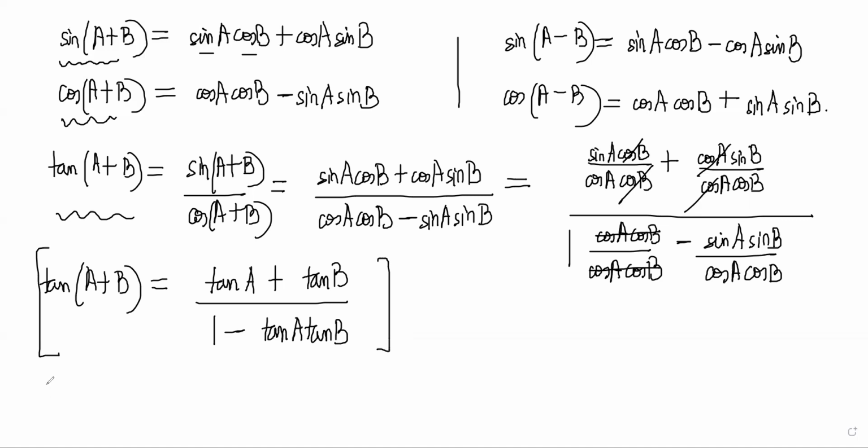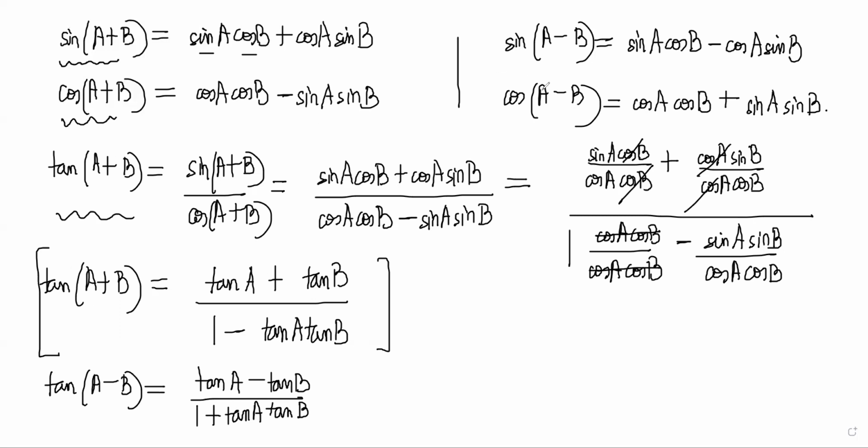Similarly, in this formula, now you can do tan A minus B. Instead of B, we put minus B, and we know tan of minus theta is minus tan theta. So this formula will now become tan A minus tan B by 1 plus tan A tan B. So basically we have found the sum and difference formulas for all the three ratios.